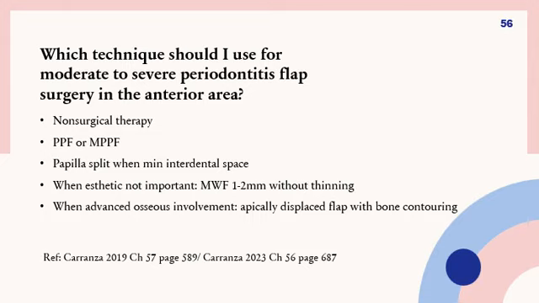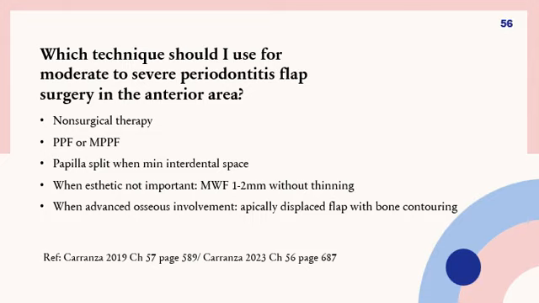If the interdental space is minimum, we can use papilla split technique or simplified papilla preservation flap. If aesthetic is not important, we're going to use modified Widman flap, which is 1 to 2 mm subgingival without thinning the flaps. So as you can see, modified Widman flap is here recommended when the aesthetic is not important.